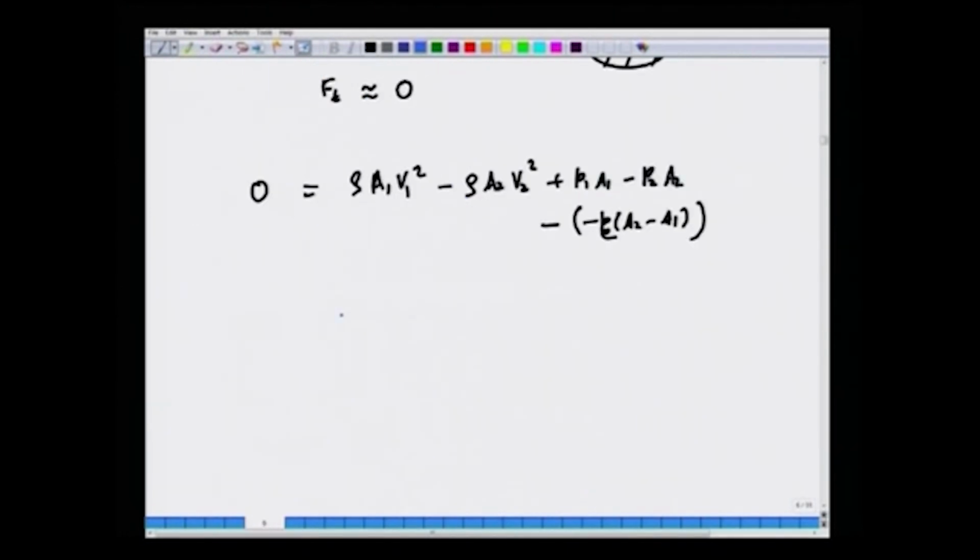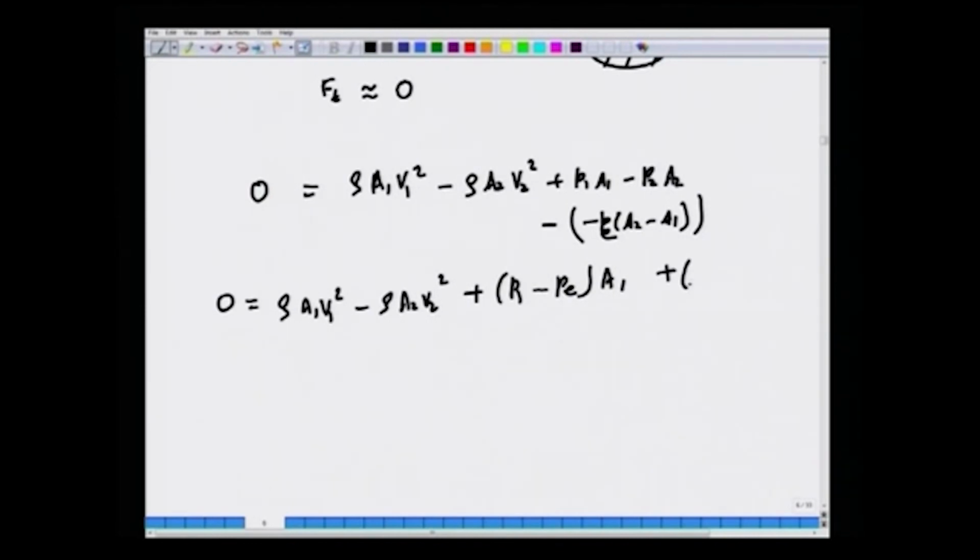You can also rewrite this as 0 is rho A1 V1 squared minus rho A2 V2 squared plus P1 minus PE times A1, plus PE minus P2 times A2, and then minus F tangential, which is neglected in our approximation.